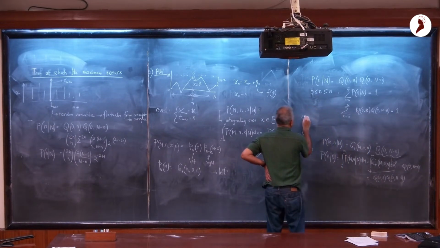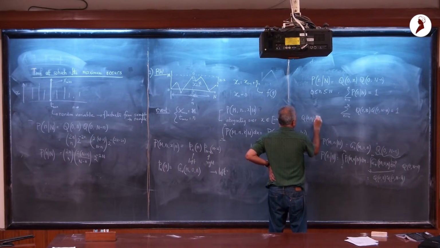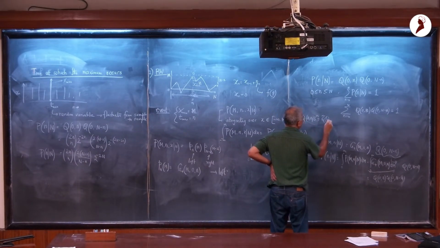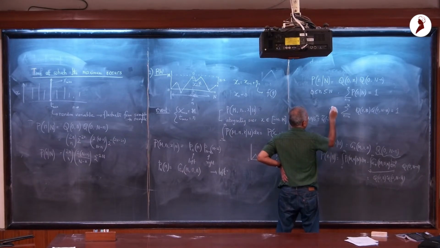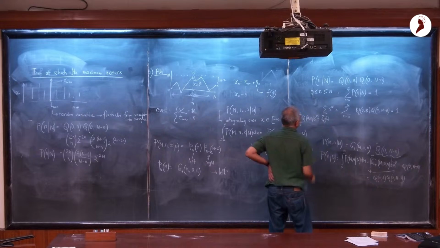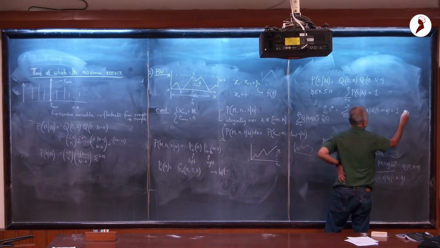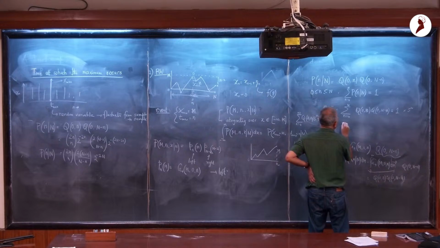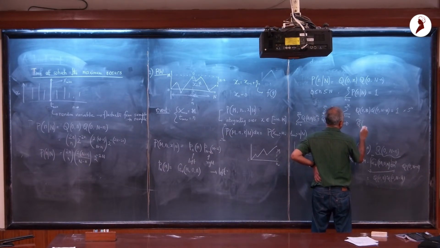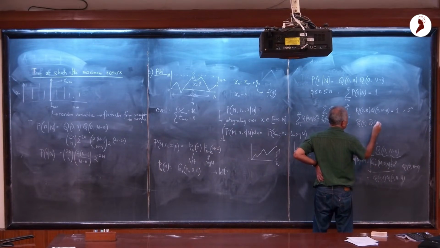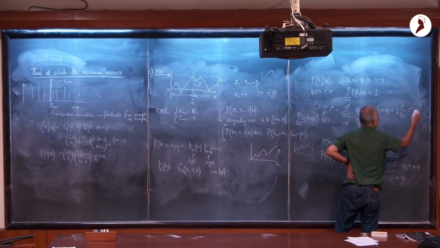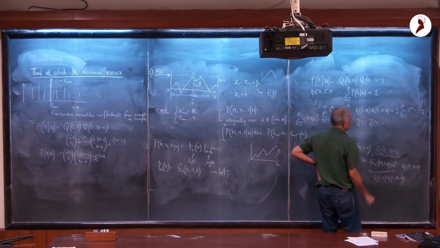So if I call the sum of q_0n s to the power n as q tilde of s, and I multiply both sides by s to the power N and sum over N equal to 0 to infinity, then because of the convolution, we have q tilde of s times q tilde of s, and the right side, multiplying by s to the power N and summing over N from 0 to infinity, just gives you 1 over 1 minus s, right? Simple geometric series.